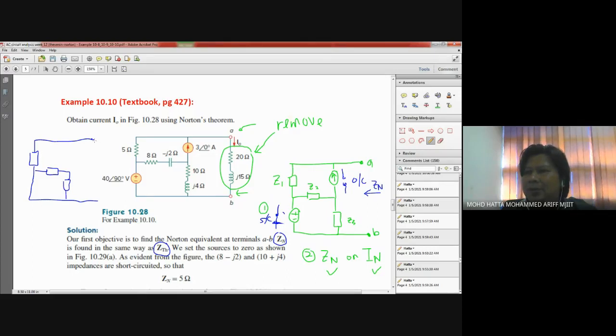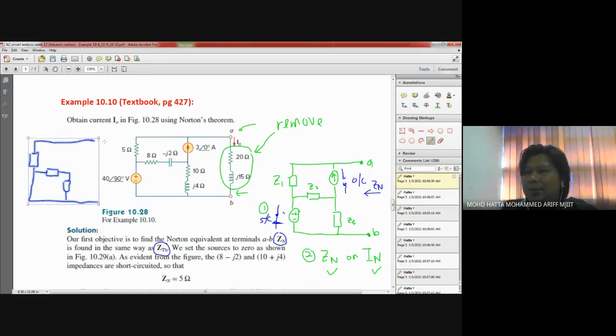So reducing from this circuit, you will come out with a circuit which looks like this. Okay, this is the open terminal, and this is A and B over here. And we try to find the value of Z in that direction, Zn. Remember that from this short circuit and these elements, we can further reduce it to become like this.